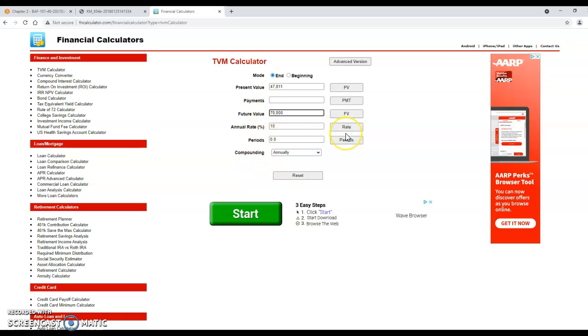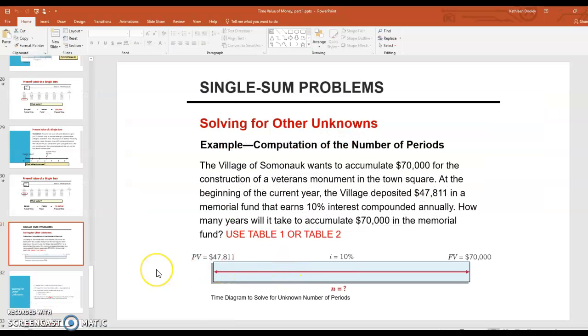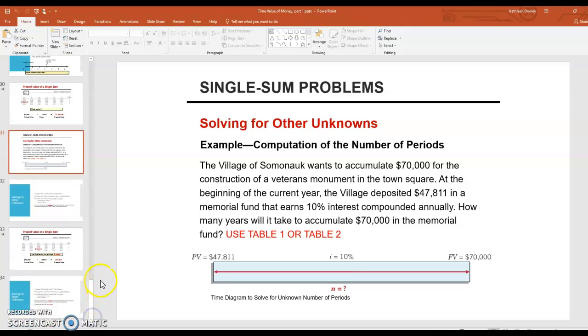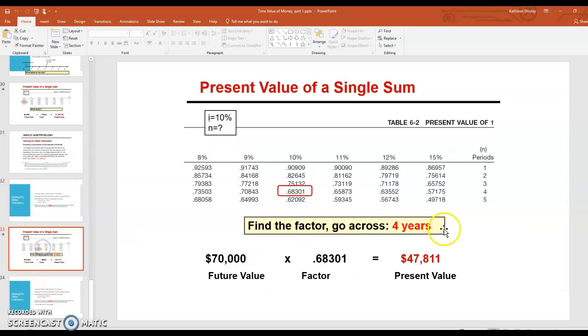So what we need is to put a negative sign there, and then use the periods button, and now it's showing that it's going to take us 4 years to get to the 70,000. So again, you have to remember that either the PV or the FV, usually the FV, you have to have the negative, but it can be the PV. Okay, so in here we had calculated that yes, it was 4 years.